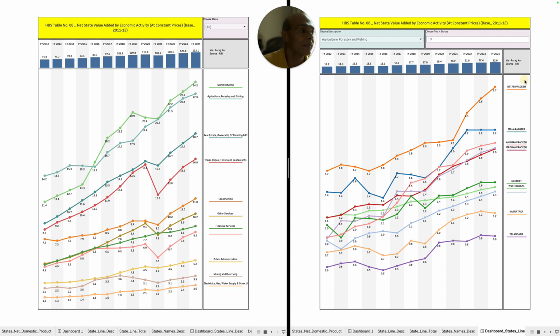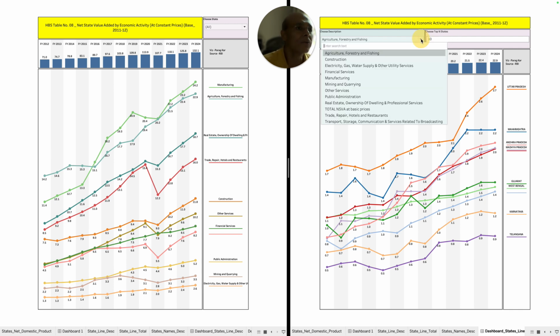Uttar Pradesh is ranked 1 because it is 2.7 lakh crores versus the total of 29.9 lakh crores for FY24. Then we have Maharashtra, then Andhra Pradesh, then Madhya Pradesh, Rajasthan here, which is red, then Gujarat, West Bengal, Karnataka, Telangana. So all the states are ranked according to the value of the economic activity. So in agriculture, you can see Uttar Pradesh ranks the first.